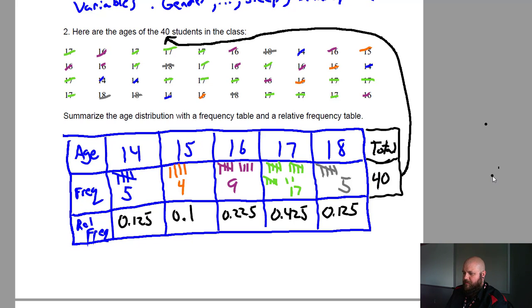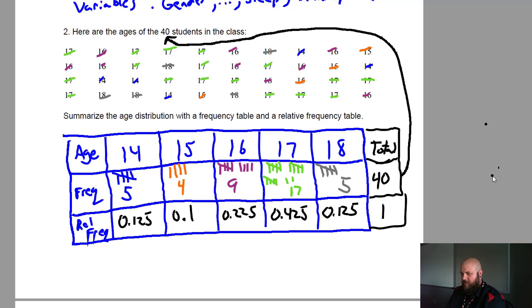All right, so now if we know that the top total for our frequency needed to add up to 40, because in the question it gave us the 40, what would our relative frequencies need to add up to be to make sure we got everything right? In this case, since we just left it in decimal form, they should all add up to the number 1.